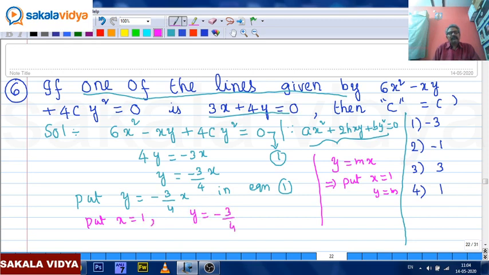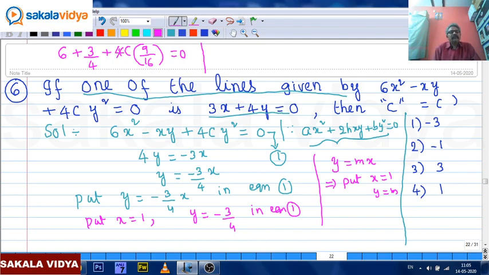In equation 1, 6x square becomes 6, then minus 1 into minus 3 by 4 gives plus 3 by 4, plus 4c into y square, and y square is 9 by 16, equal to 0.